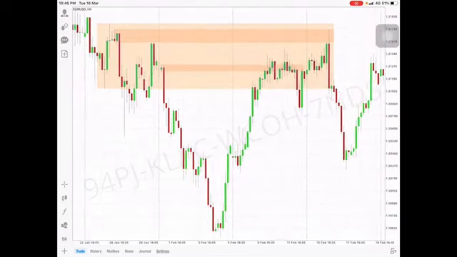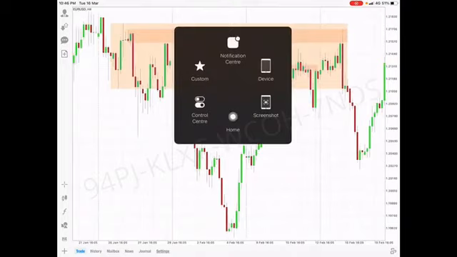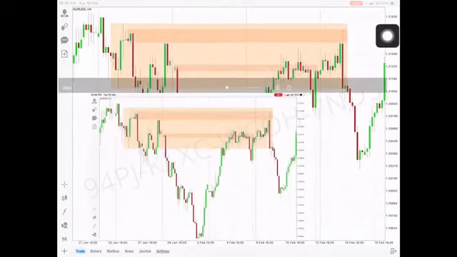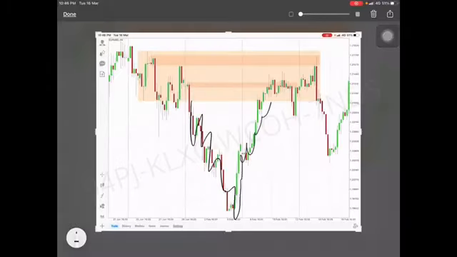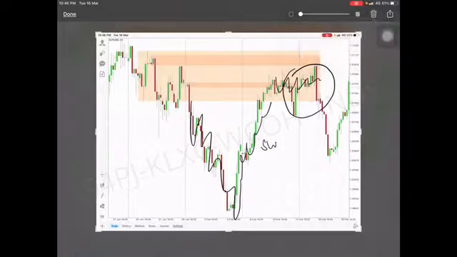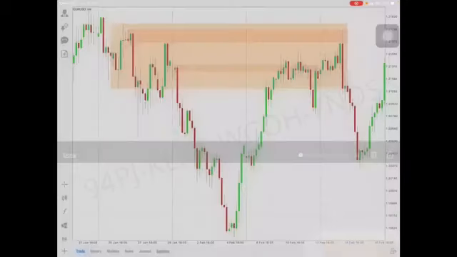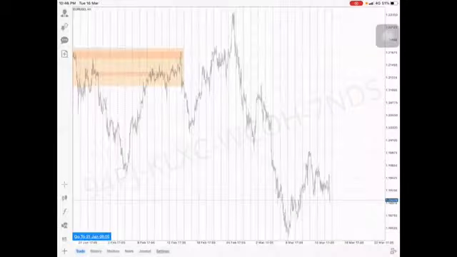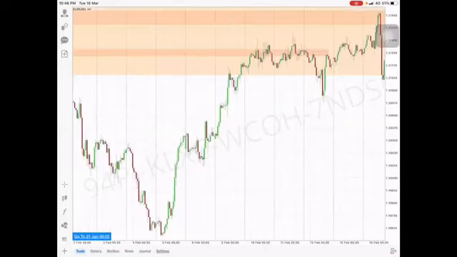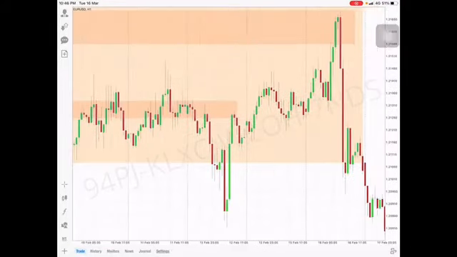All right. So, is there a sideways pullback? Is there a sideways in the zone? Yes, also. Okay. So now we are going to go to H1. Now look. Look at this.